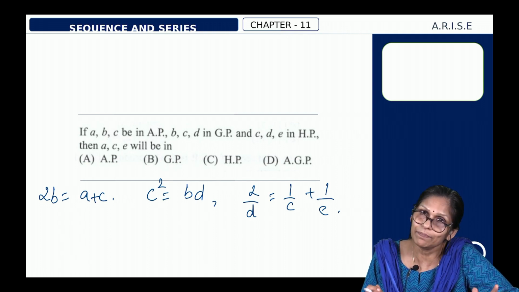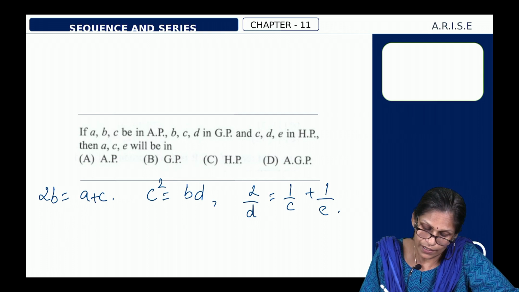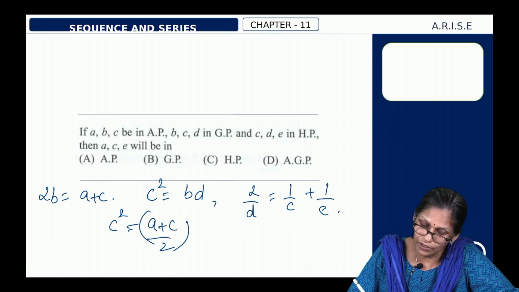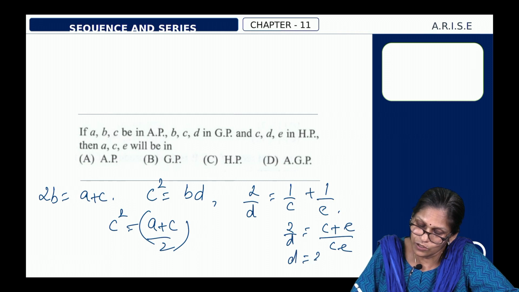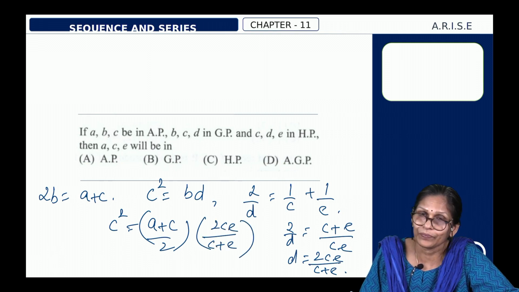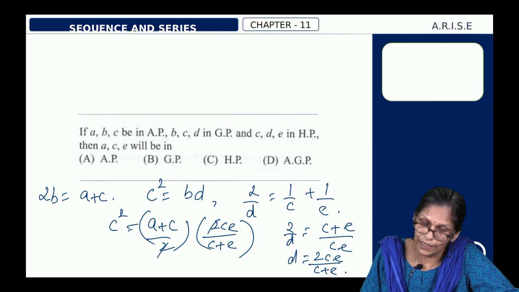So let us replace B and D by writing what C squared is. What is B? Isn't it A plus C by 2? That is B. What is D? Here 2 by D is C plus E by CE. So, D is 2CE by C plus E. So, D can be replaced as 2CE divided by C plus E. Now, look at it, 2 and 2 will cancel, C and C will cancel.